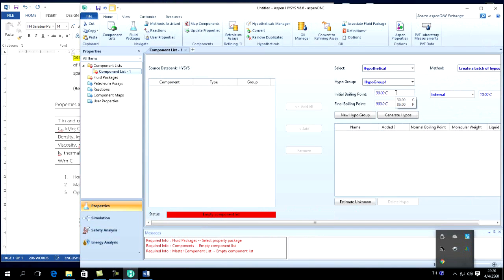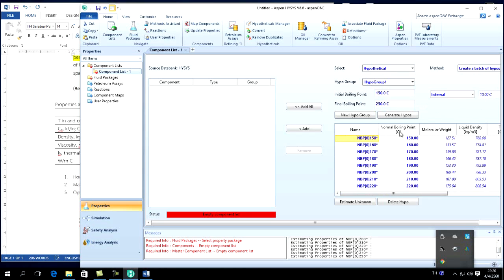Since we know the initial boiling point of kerosene starts from 150 degrees Celsius to 250 degrees Celsius, if I let the interval be 10 degrees Celsius as a default, after generating the hypotheticals, I can get some components which each have a particular density.